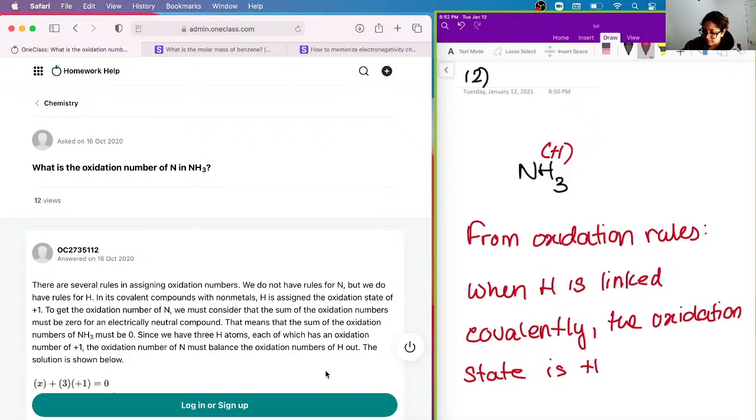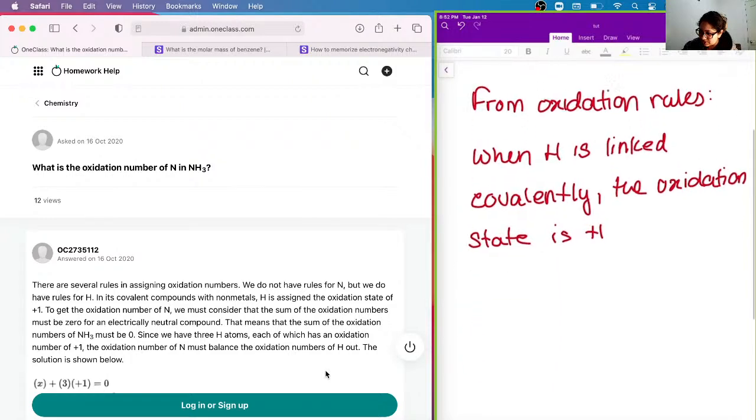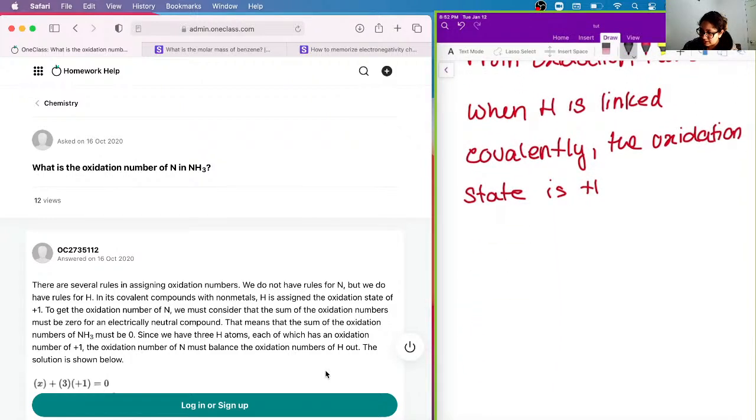Or let's not write this yet. So the oxidation number of N must balance the oxidation number of your hydrogen. And so let's come up with an equation where, since we know hydrogen is 3, let nitrogen be x. Okay, let's solve for x.